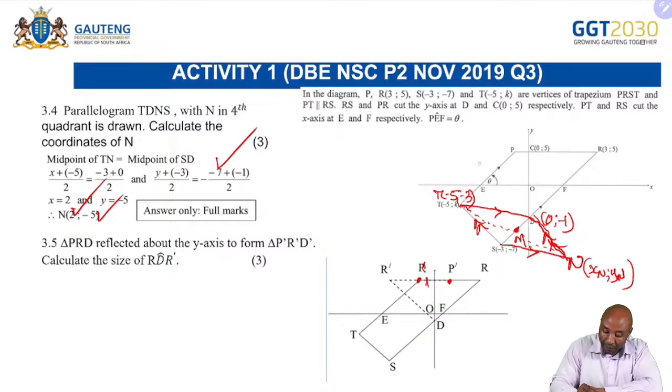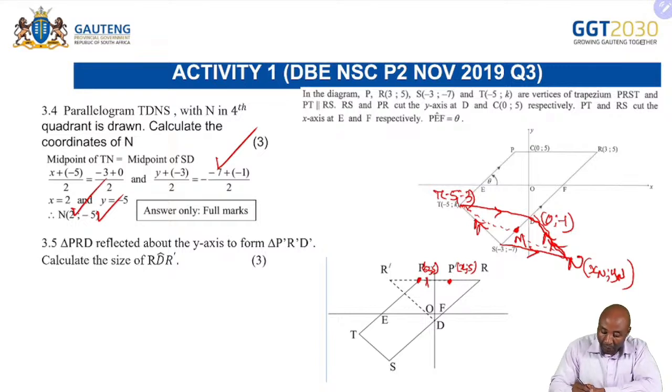The y value is 5 throughout. So the coordinates of P, we know that our y value will be 5. So we just look for the x value that we're not able to calculate here. The coordinate will be negative x and 5. At the other point, the x value changes to positive. It will be positive x and 5. Here it is negative x and 5.